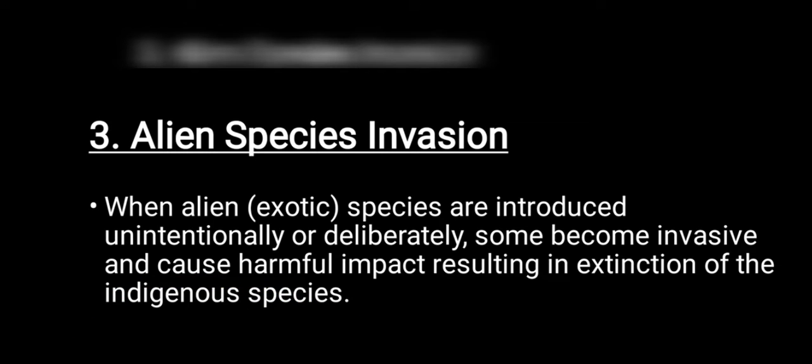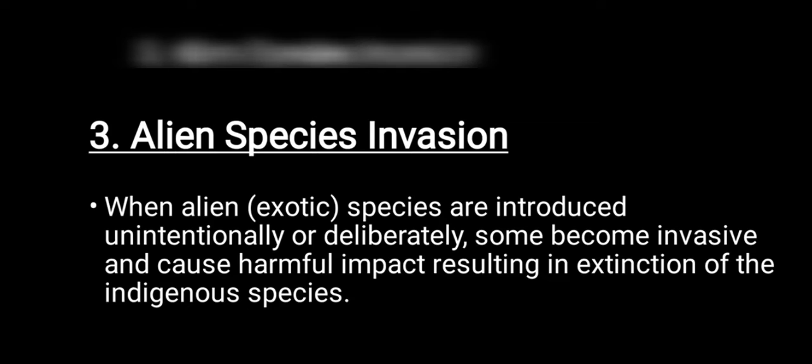Alien species invasion. An alien species means a species which is introduced from outside its normal distribution. When these species are introduced into a new habitat, their establishment may modify that particular ecosystem or habitat.